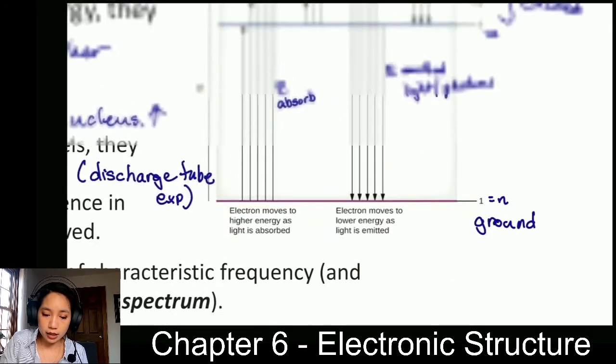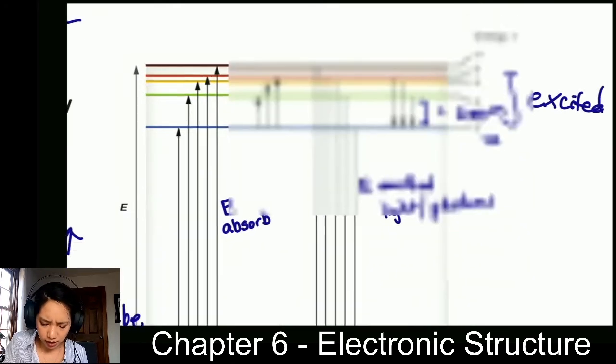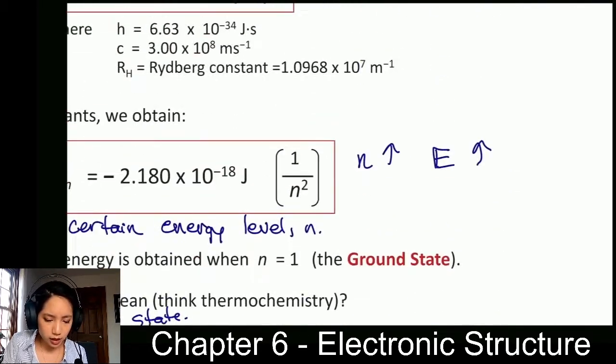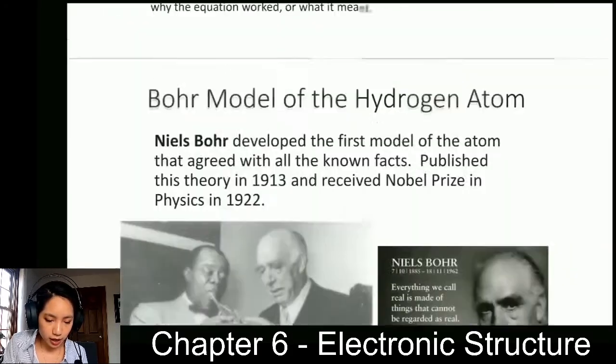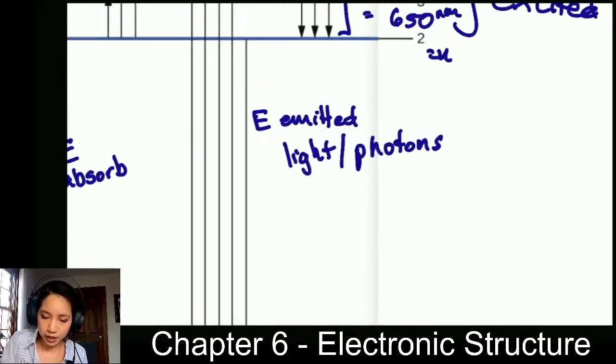So this line right here, that energy between those two energy levels is equal to our 650 whatever nanometer line that we see. What is it? It's actually 600. I'm not sure. What did we calculate it as? We calculated it as 656. I'm sorry. Okay, 656.